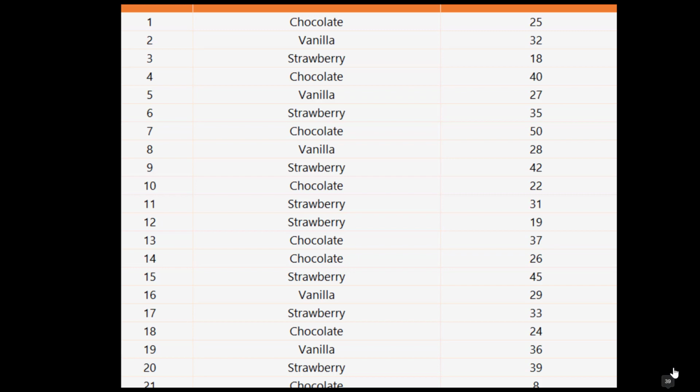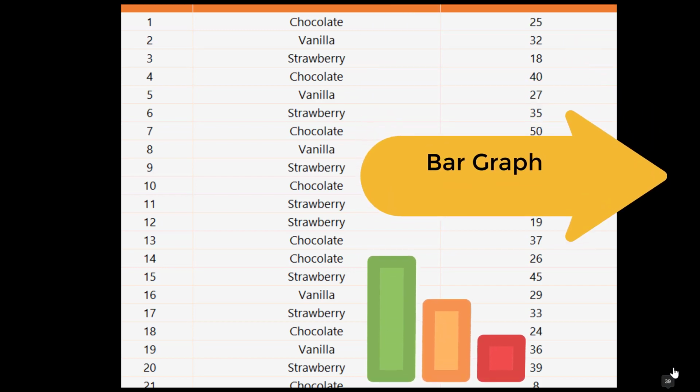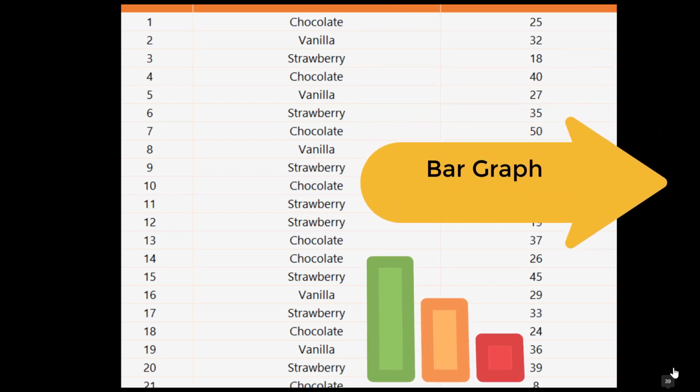She has a stable of 25 customers now, but just by looking at this data, she is not able to conclude anything. She wants something which can give her a better picture without juggling with this data. Let's see how we can solve her problem with the help of visual representation of data.